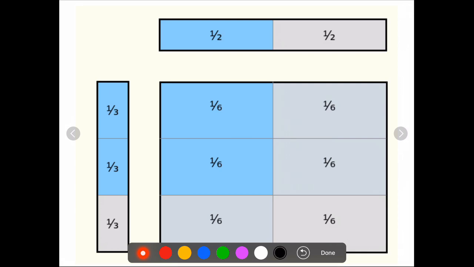There's another way to look at it. We looked at this before. This is 2/3 and this is 1/2. So 2/3 times 1/2 is equal to 2/6. But we know that division is the inverse. So we can say 2/6 divided by 1/2.